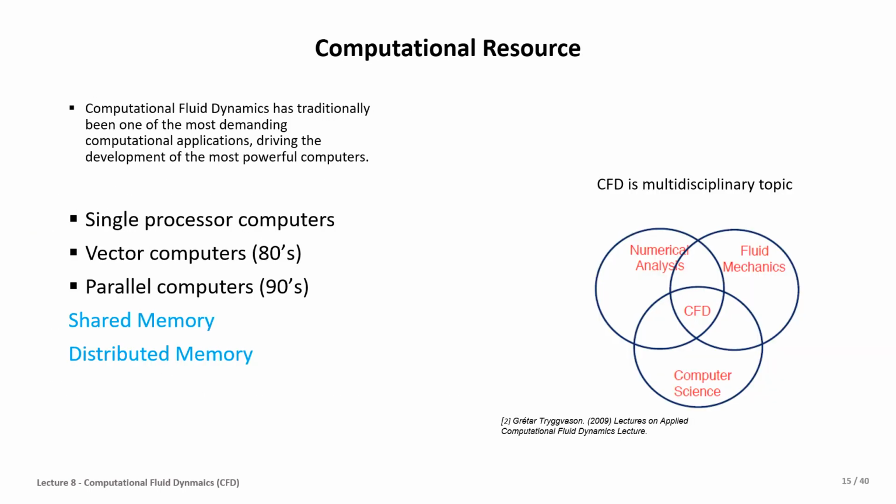When we talk about computational fluid dynamics, in the beginning it comes to mind: what about the computational resources? Indeed, CFD has traditionally been one of the most demanding computational applications, and it always required a powerful computer.